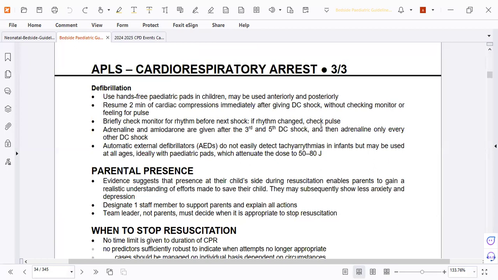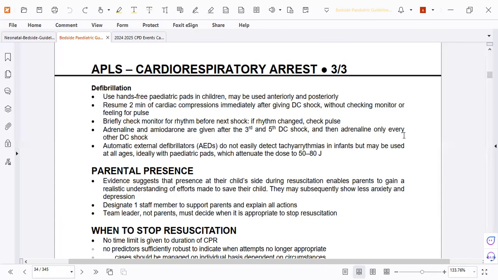If rhythm changed, check pulse. Adrenaline and amiodarone are given after the third and fifth DC shock, and then adrenaline only every other DC shock.